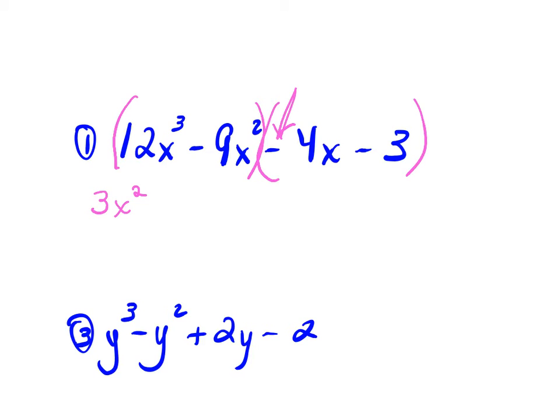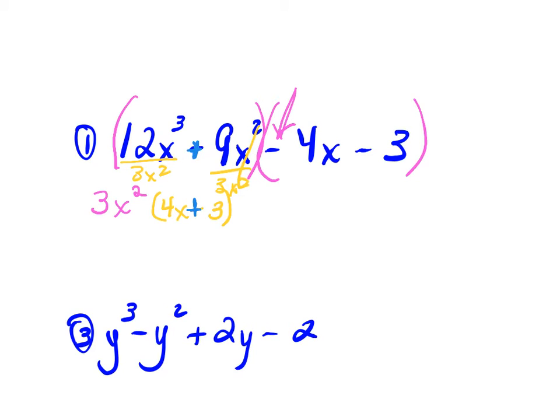Perfect. So I'm going to divide out a 3x squared and a 3x squared. And I'm left with 12 divided by 3 is 4. x cubed divided by x squared is x. Minus, oh wait, make that a plus. Let's make that a plus. What's 9 divided by 3? 3, and then my x squareds cancel out.